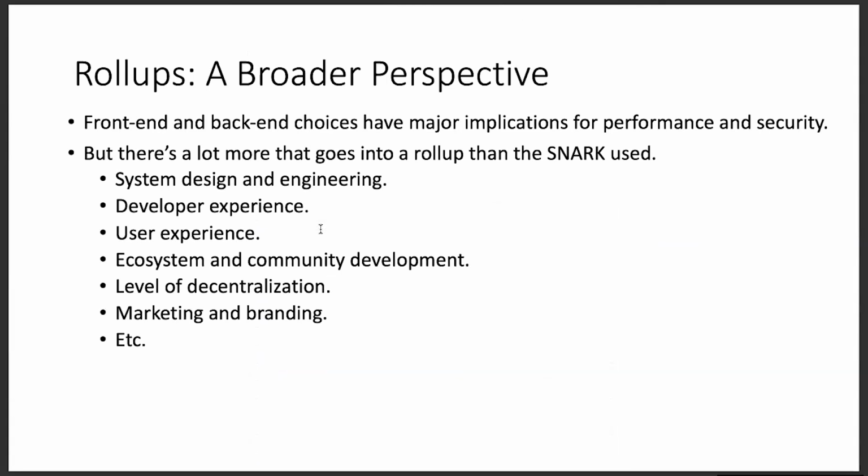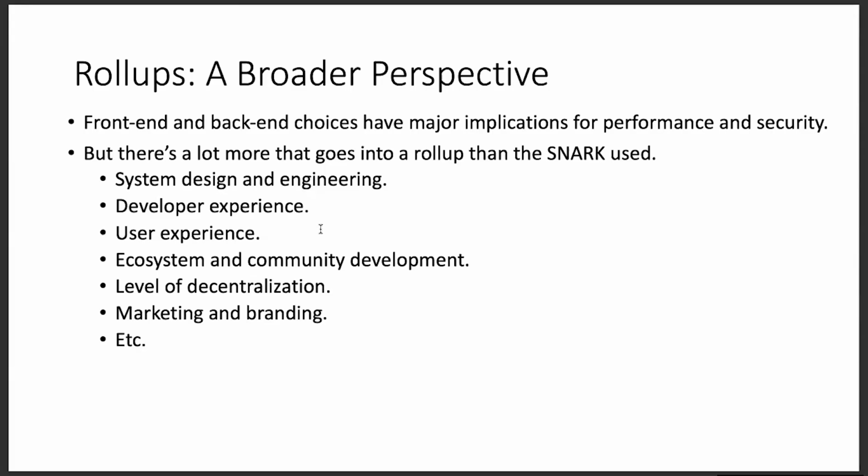is that there's a lot more that goes into them. Just designing the whole system and the community. I think the block explorer for StarkNet was just contributed by a community member. These smart contracts on StarkNet are probably going to interact with each other.